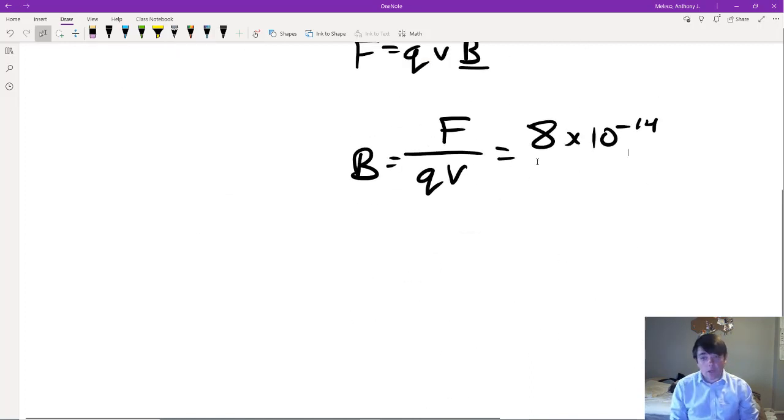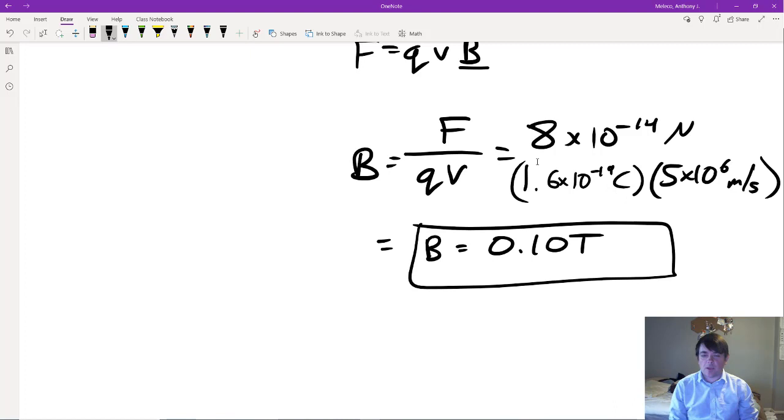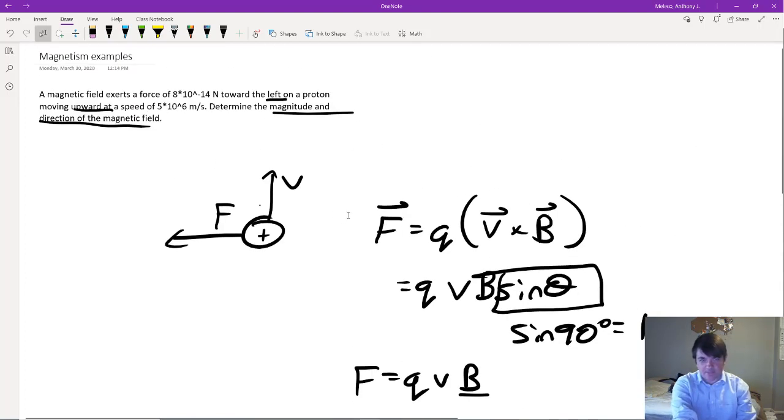Q, so for a proton, the charge is going to be the same that it is for an electron, just positive, so it'll be 1.6 times 10 to the minus 19. That's coulombs, that's newtons. And then the velocity is going to be 5 times 10 to the 6 meters per second. And when you do the math on that, you get a relatively, seemingly small field, even though it's pretty large, 0.1 Tesla. Okay, and so that's the magnitude of the field.